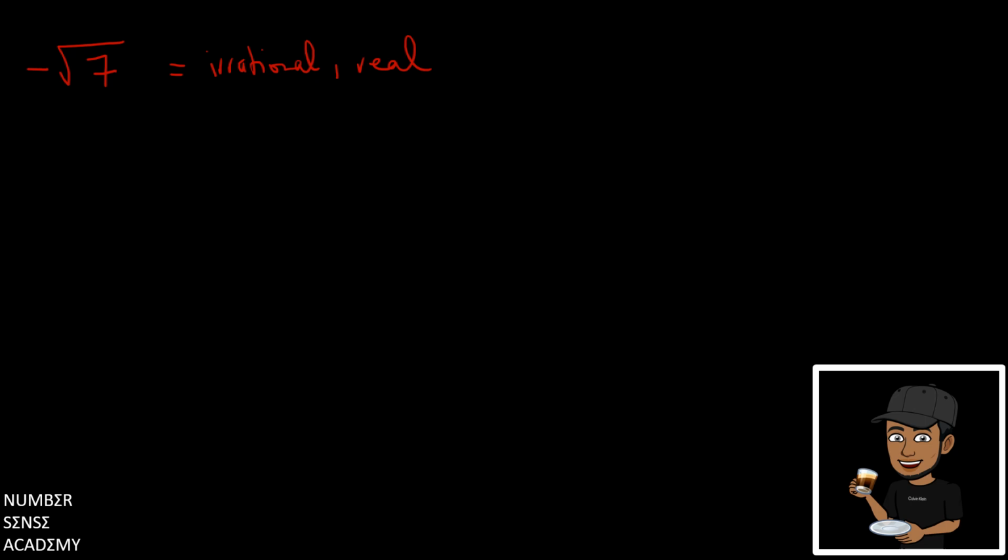Okay, what if I have negative root of -3, over 2? Now I have a fraction, right? I'm dividing two numbers. But because the top, the numerator, is imaginary, the whole thing becomes imaginary. It's going to take on the characteristic of this part.